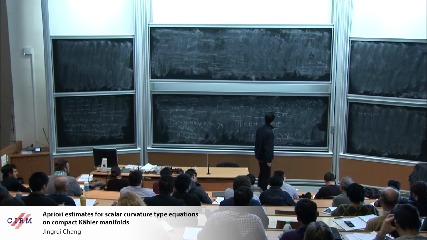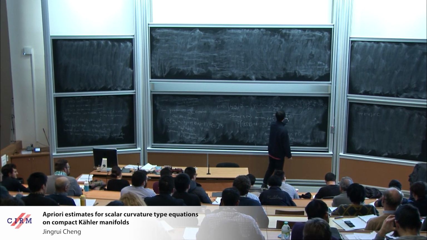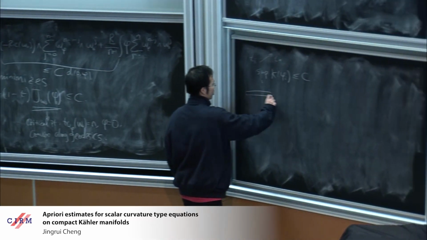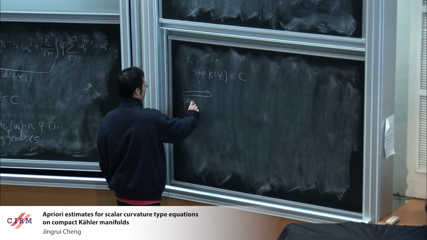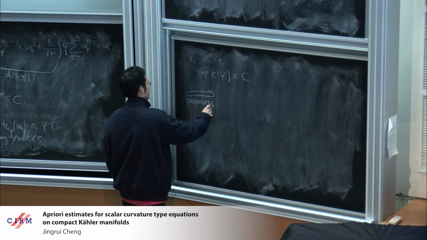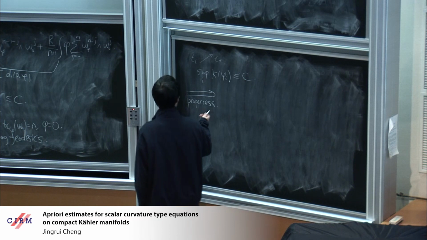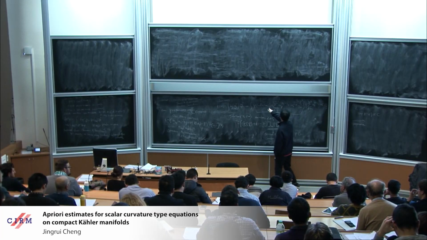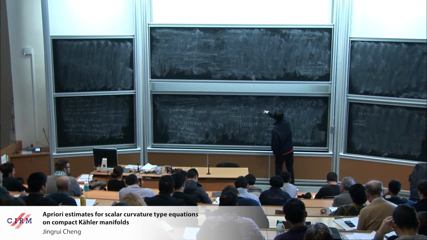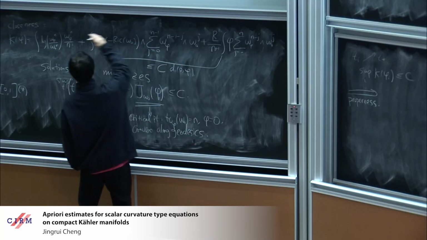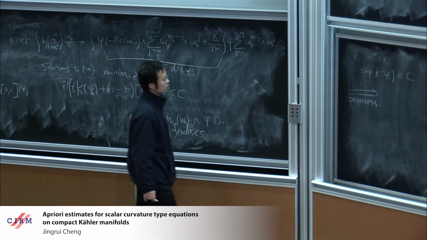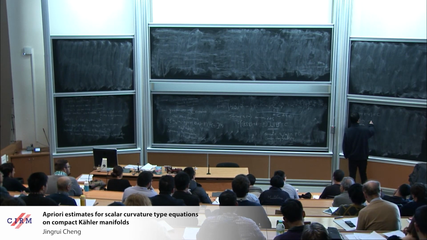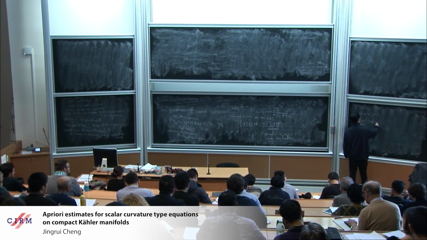And now we use the properness assumption crucially. We use the properness assumption in a crucial way, so that from here you can get the rest of it: the rest of the K energy other than the entropy term is uniformly bounded. So you get from properness that the distance function is uniformly bounded.